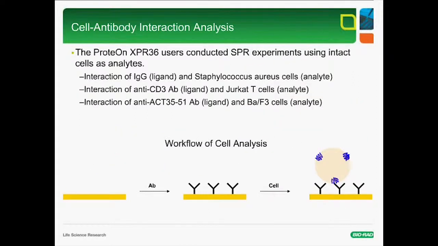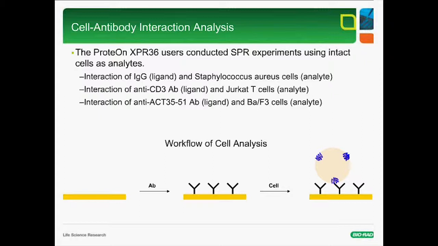Another novel application is using the ProteOn XPR36 system to analyze the cell-antibody interactions. And we have multiple works achieved by our Japanese ProteOn XPR36 users. And there was an article published in Japan, and if you need further information, please contact us for the article.